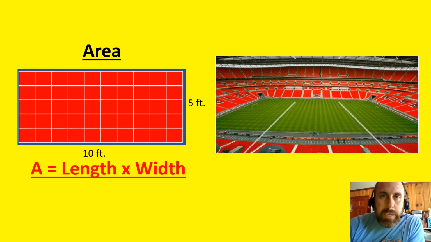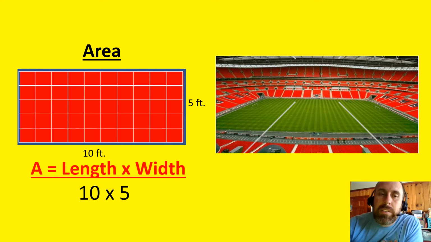So, like we did with our circles, if we have a formula, we're going to plug in our ingredients. It's kind of like a math recipe. And we know our length is 10 and our width is 5. And don't worry if you flip those around and say, oh my gosh, I thought the width was 10 and the length was 5. It's okay, because again, with that commutative property, 10 times 5 and 5 times 10 are going to give us the same result.